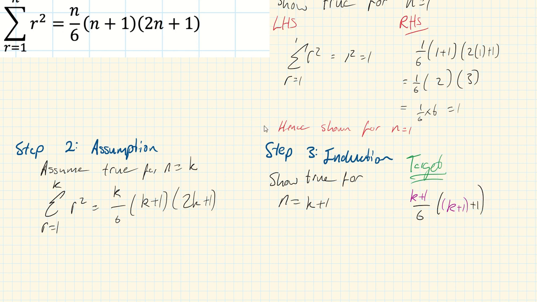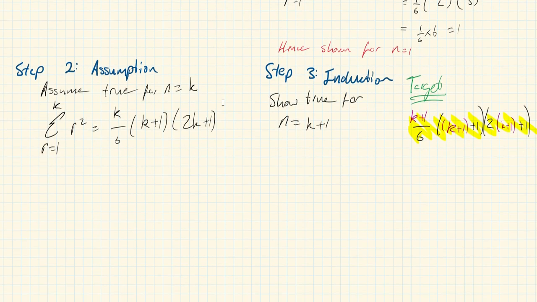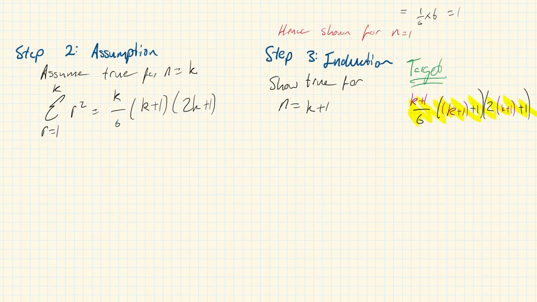And instead of 2n plus 1, we'll have 2 lots of k plus 1 plus 1. Just to highlight, that's our formula that we're trying to prove, but instead of n, it's k plus 1. So let's do this then.